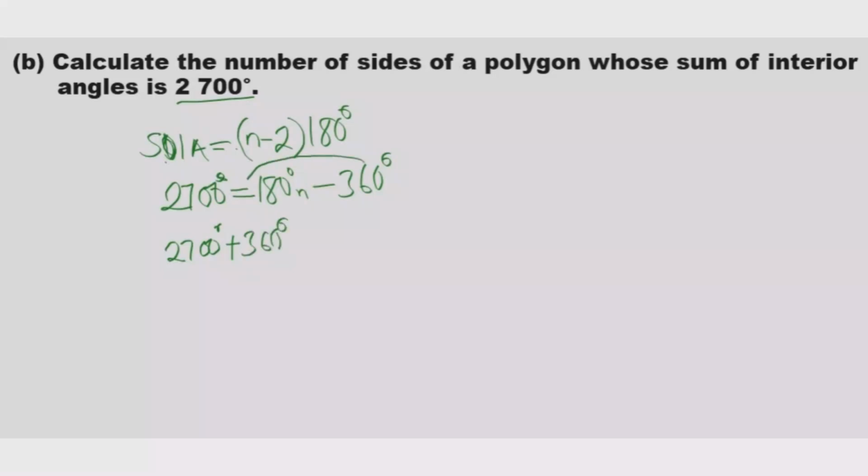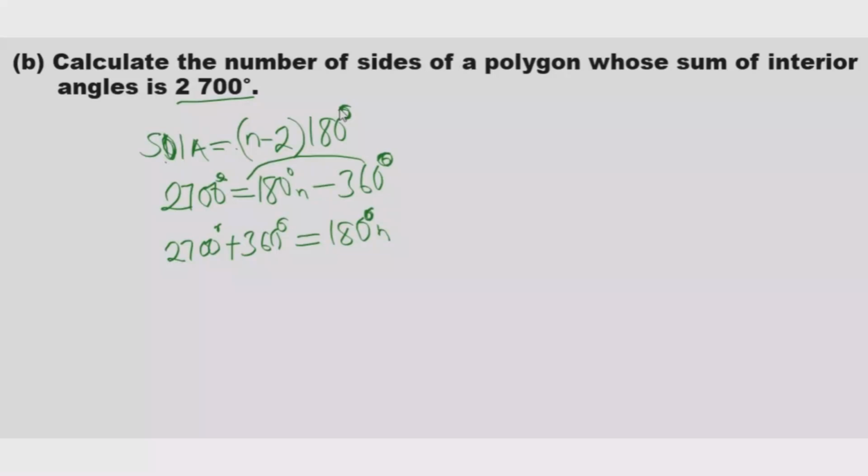So this one closes the equal sign, it becomes plus, which is equal to 180 degrees n. Okay, 180 degrees n. This is degrees, not 6. Now once we do that, the next step is to evaluate what is on the left side.